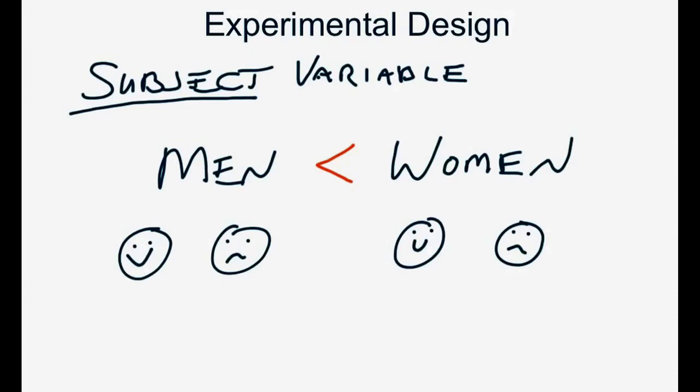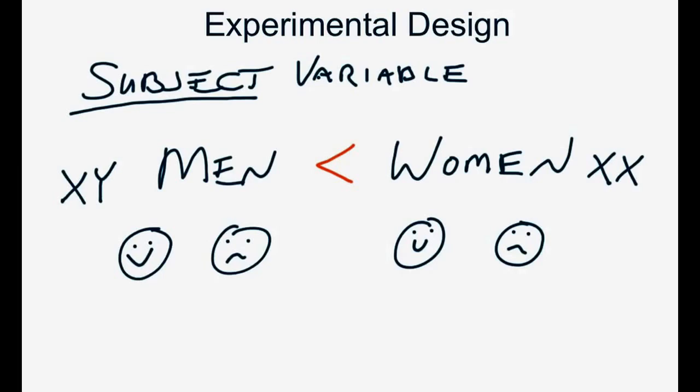It may be the fact that men genetically have a different set of sex chromosomes than women. So it may be something at the biological level. Very possible. It could also be not the fact that they are men and women biologically, but socialization.